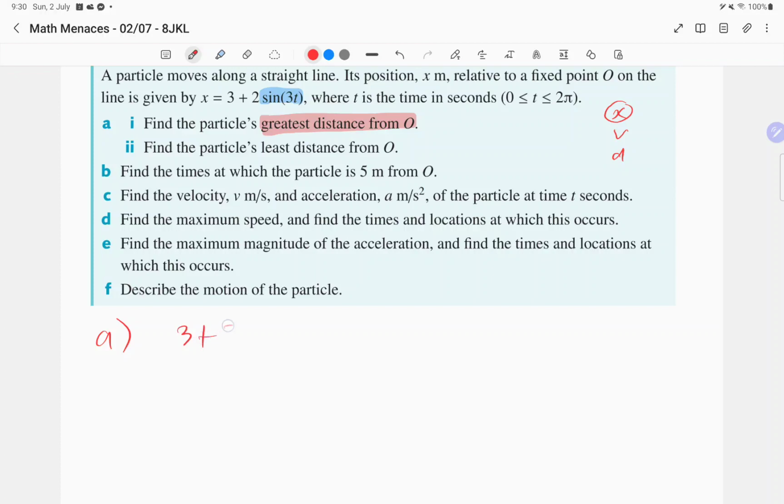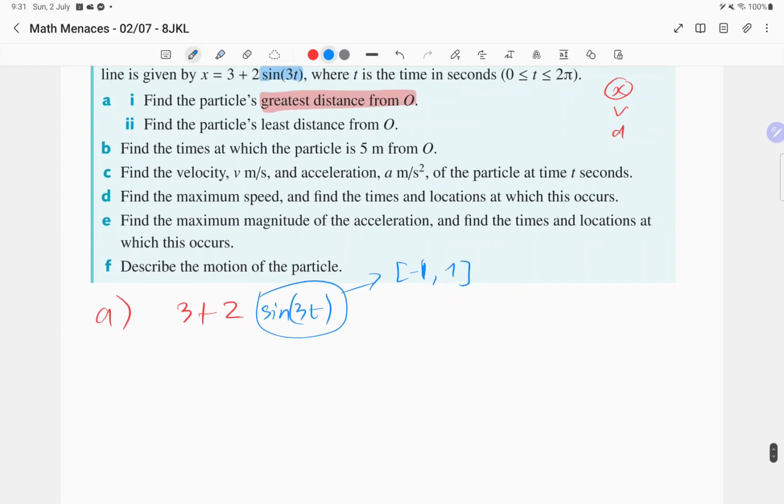Let's say 3 plus 2 times sine 3t. I'll write the sine 3t in blue. Note that sine 3t has a range of -1 to 1. When you calculate sine, it goes from -1 to 1. So the lowest value is -1, and the highest is when it equals 1. The highest possible value of x would be 3 plus 2 times 1.